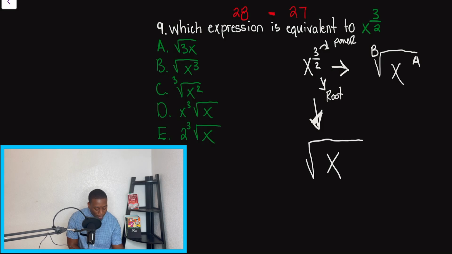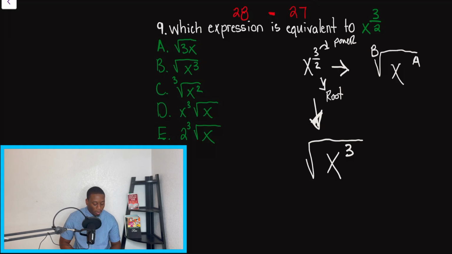I know my base is x, so that's what's under the radical. I have a power of 3, and then the root, like I said, is 2. So if we have a root of 2, we do not put it. So I drew an arrow here. If it is 2, we do not put the root.